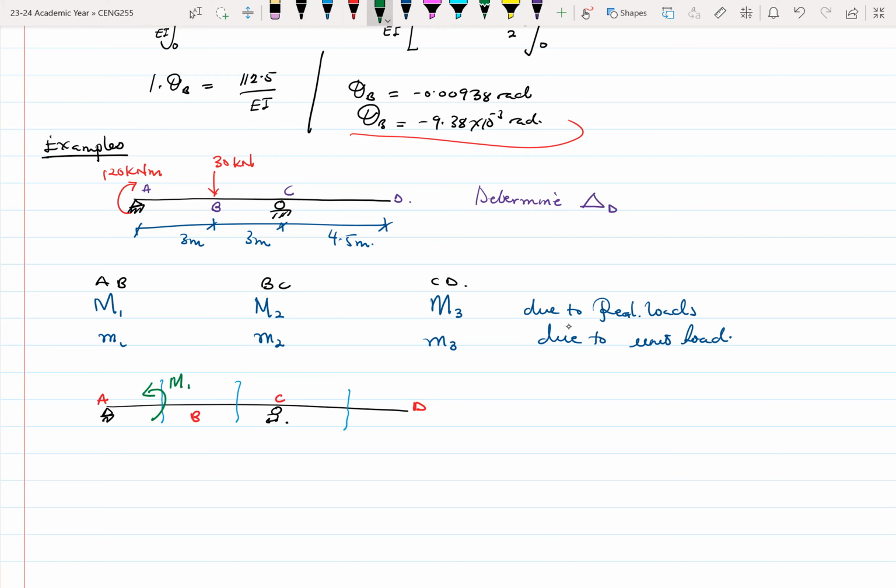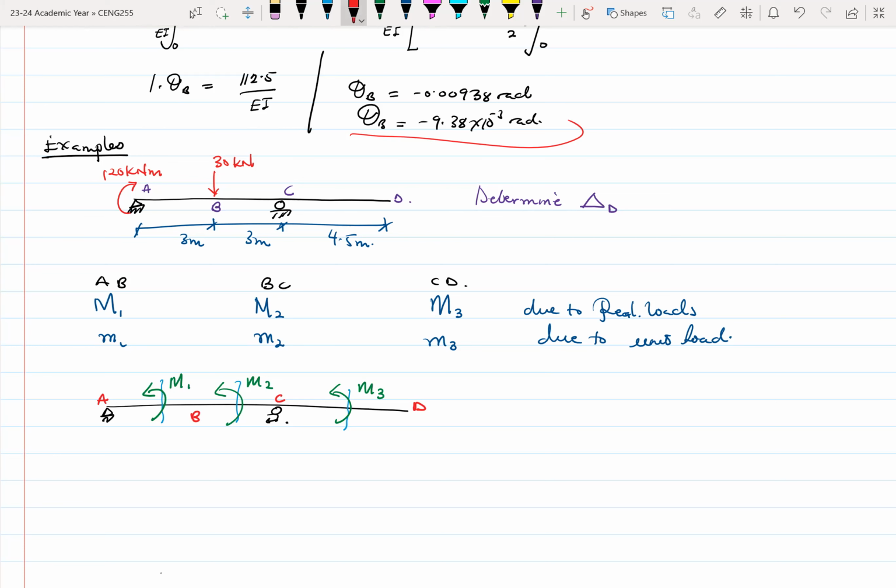The section between B and C will find your M2, and the section between C and D will find M3. We usually assume that these moments are always causing sagging moments, right?